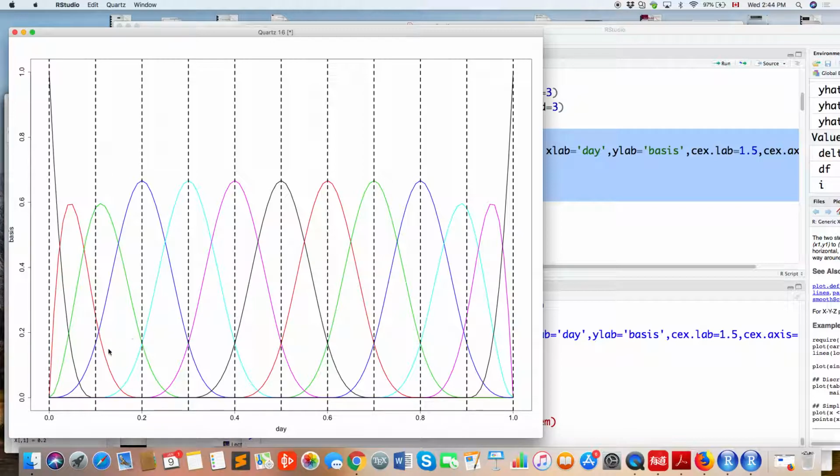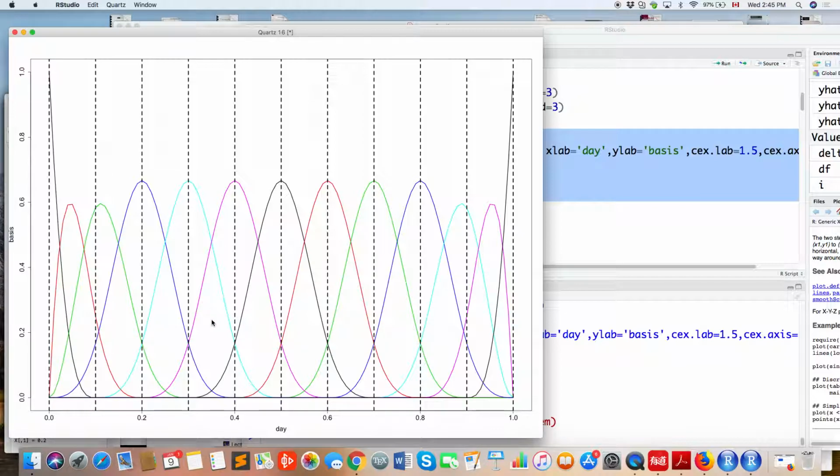Besides these middle basis functions, if you look at the first basis function, it is actually very special. You see, it's only non-zero on the first interval, and the first basis function starts from 1 and then goes to 0.